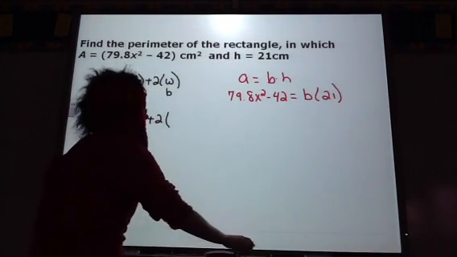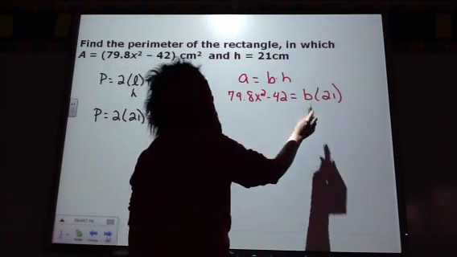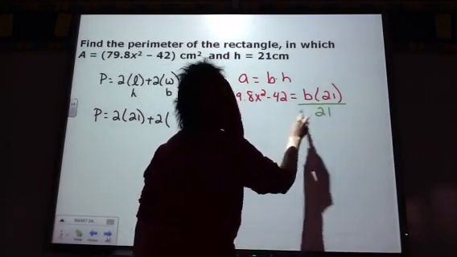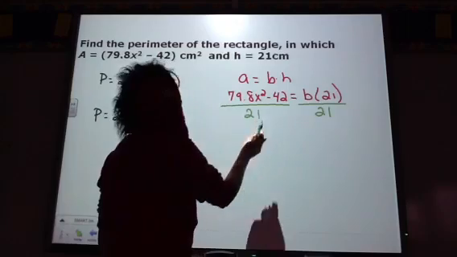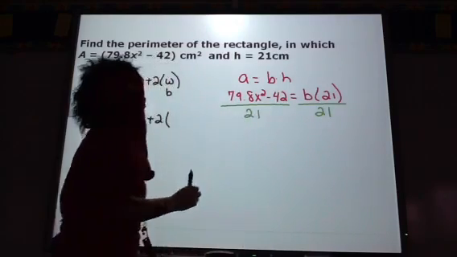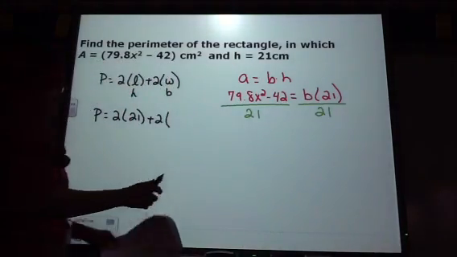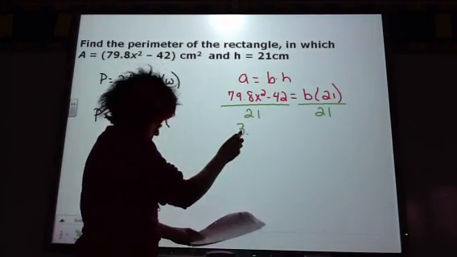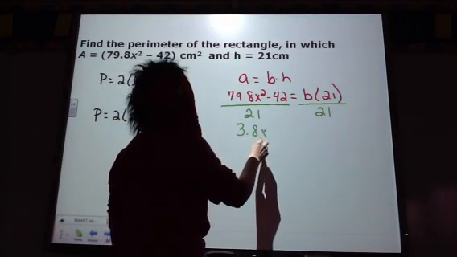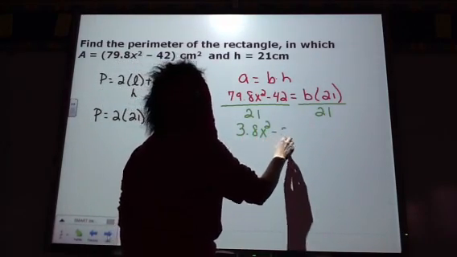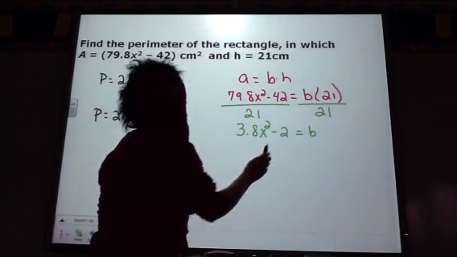So we can find out what base is by isolating the variable b, dividing by 21. So you've got to take each term and divide by 21. And when you do that, you get 3.8x squared minus 2 equals b.